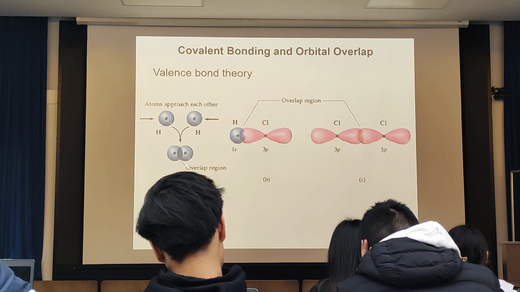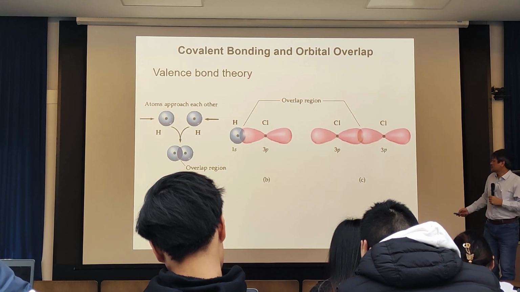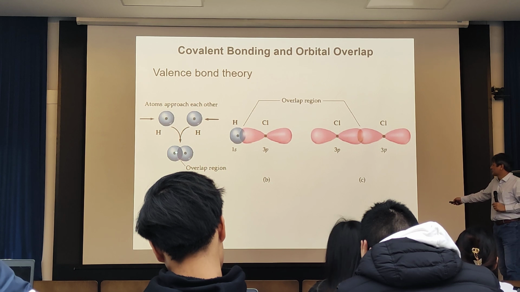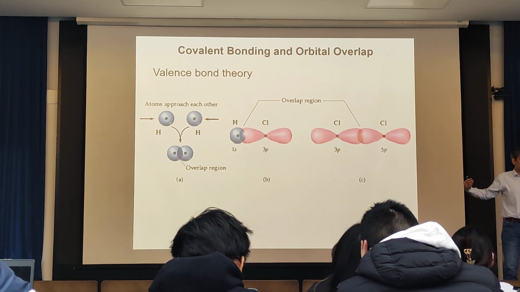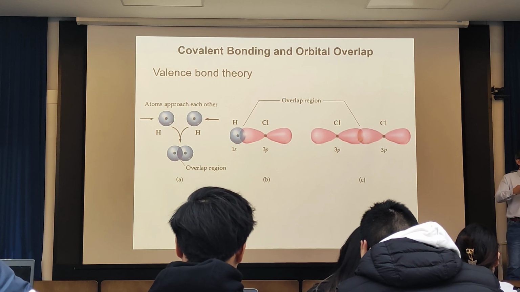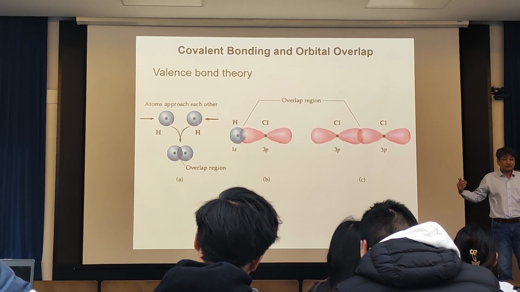Okay? However, after overlapping, they cannot get too close, because when the distance between two nuclei gets shorter, the repulsion will be stronger. So you will have a kind of balance between attractive force and repulsion force.